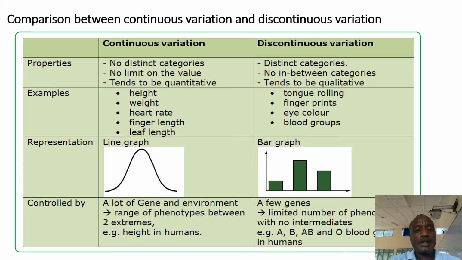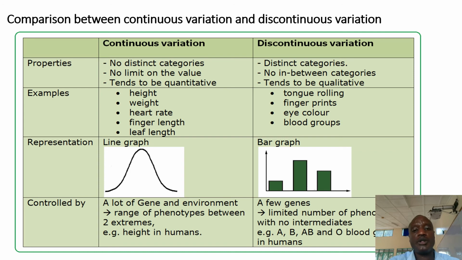Now, here we have a clear summary between continuous variation and discontinuous variation. It is a table which summarizes the properties of each form of variation.